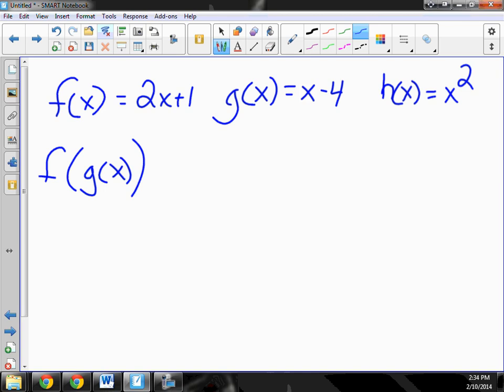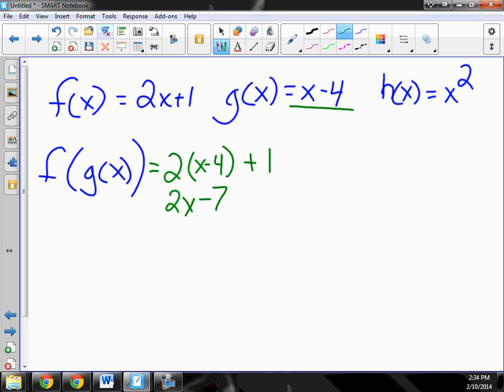I'm going to take the information of g of x, this stuff, and I'm going to put it where the x is in function f. So f is 2 times x plus 1, but instead of x, I'm going to write x minus 4. So I get 2x minus 8 plus 1 is minus 7.